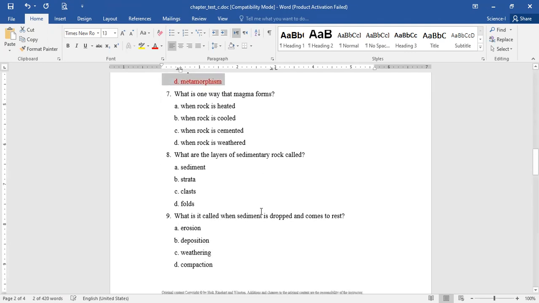Then question 7, what is one way that magma forms? What is one of these ways in which magma is formed?